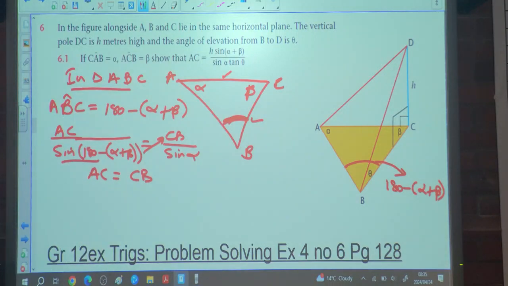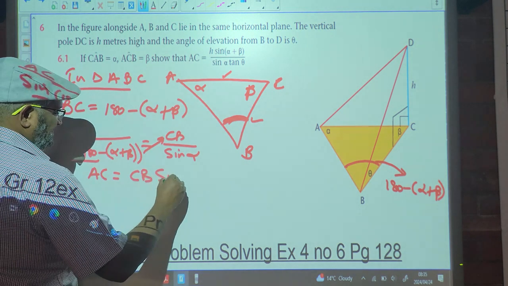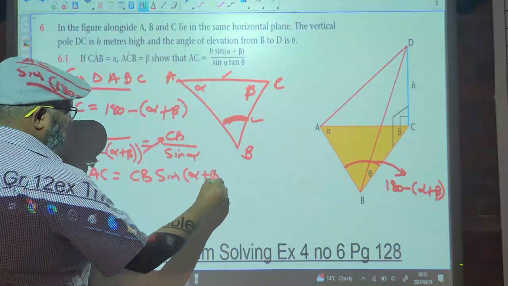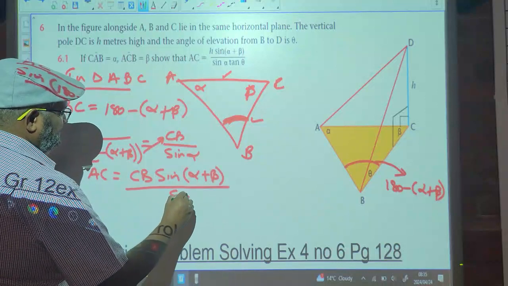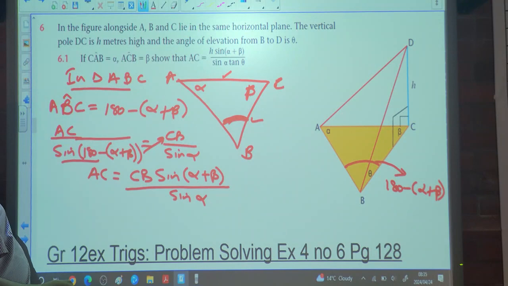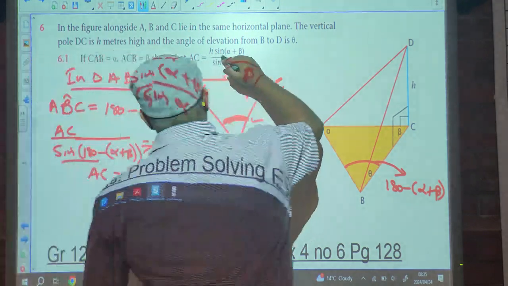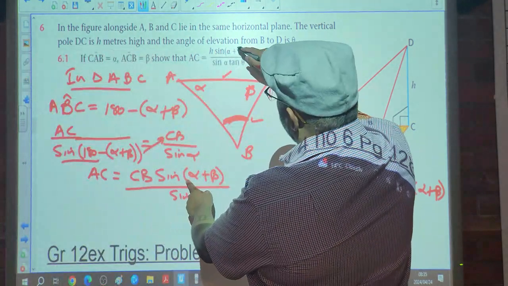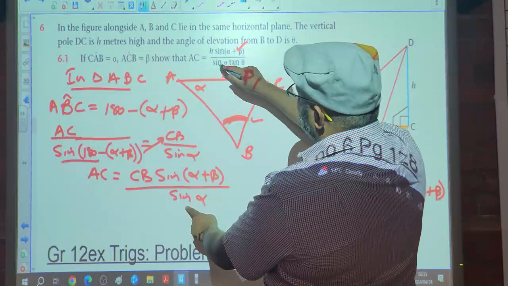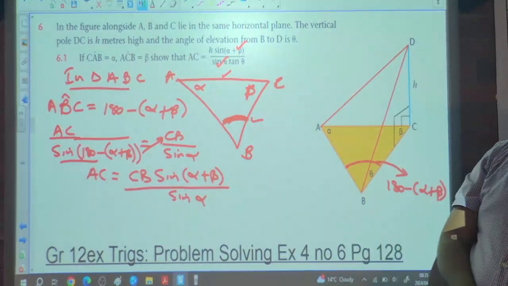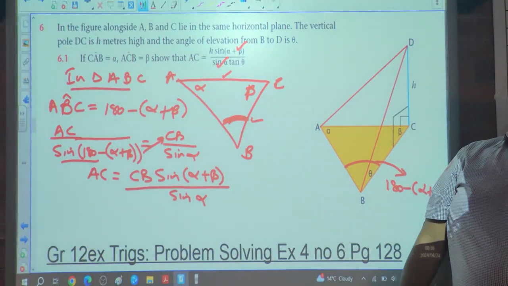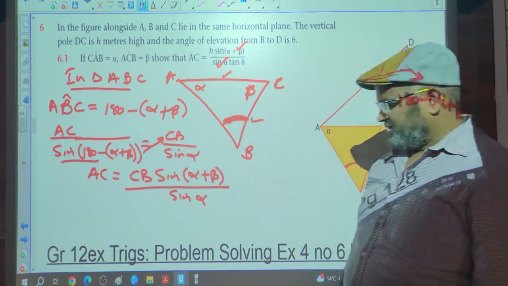Now 180 minus, in which quadrant? Second. Is sine positive or negative? Positive. So it's going to be sine alpha plus beta over sine alpha. Well, look at what we have. We have sine of alpha plus beta in its place, and sine of alpha is in its place. You see that, people? So we're going somewhere.